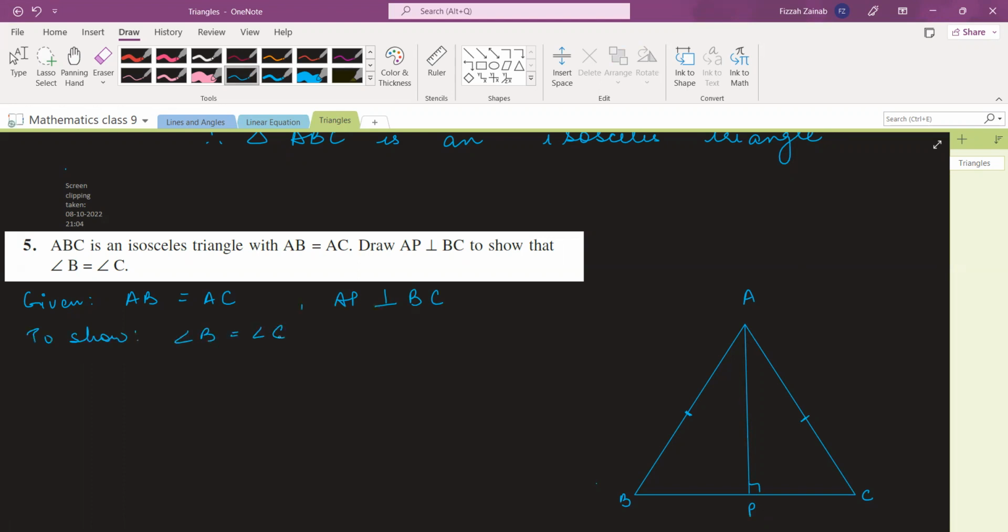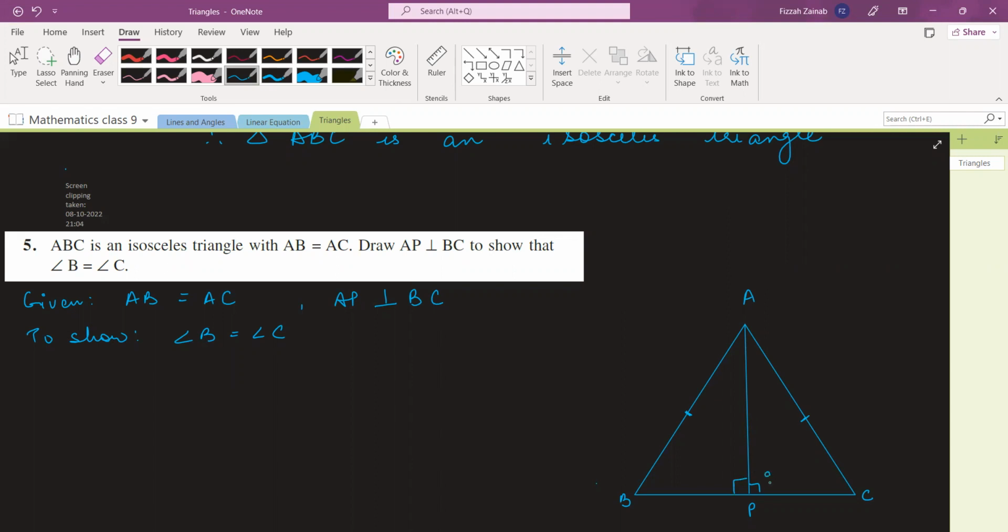So it is just the opposite kind of question we have just done. In that question, we had to show that AB is equal to AC. Now in this question, AB is equal to AC is already given. You have to show angle B is equal to angle C, right? Now it is a right angle triangle as something is 90 degrees already given, right?